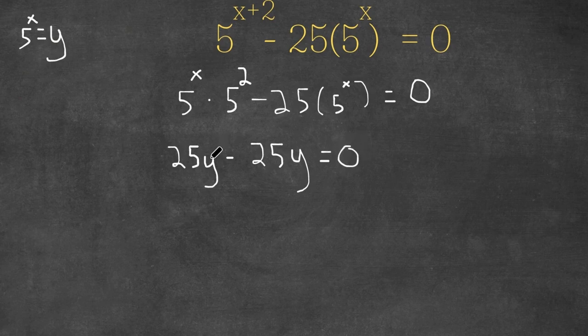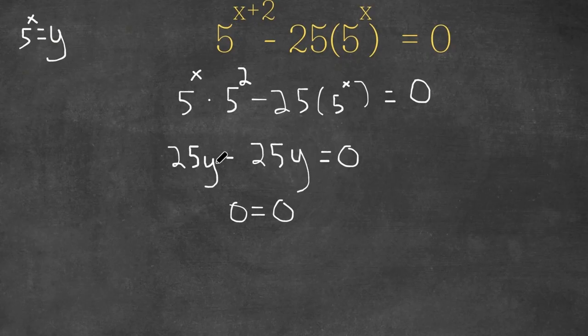And as you can see, 25y minus 25y is simply 0. So we have 0 equals 0. Well, that's not a single solution, and this actually means that any value that we put for y will make this equation true.